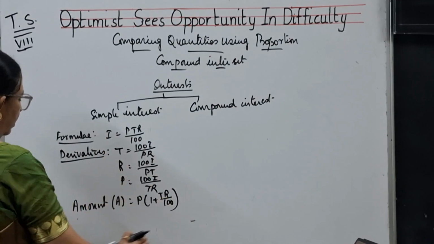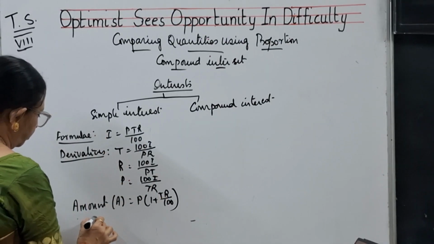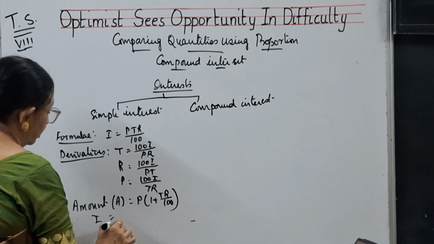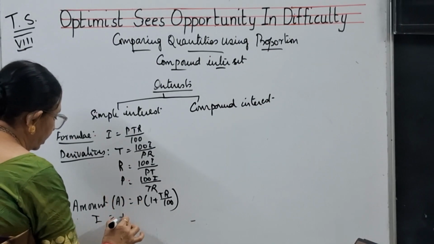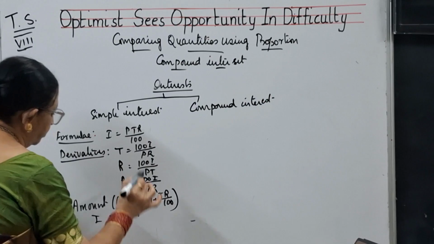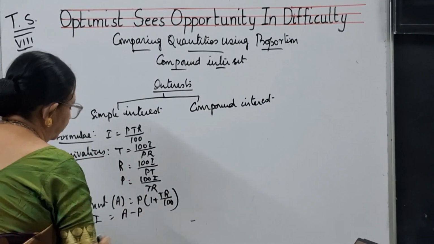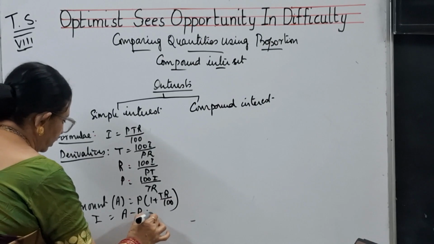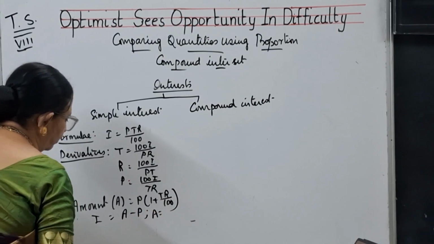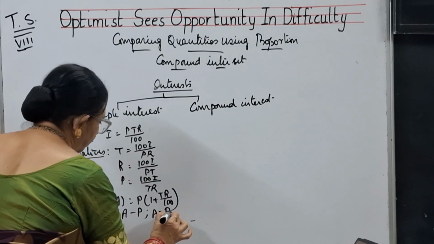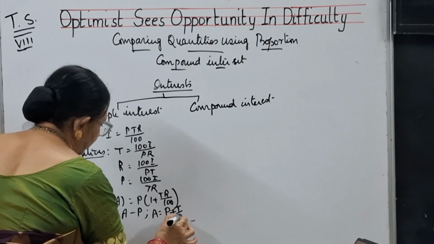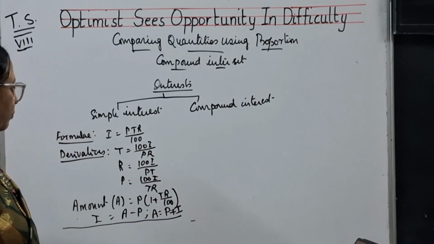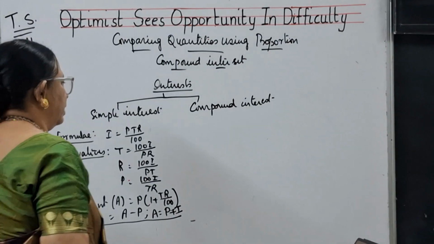Even if I want simple interest, how will you get I? I is nothing but you can take amount and subtract principal. Also, if you want amount, you can write A is equal to P plus I. So these all are the formulae that are there for simple interest.